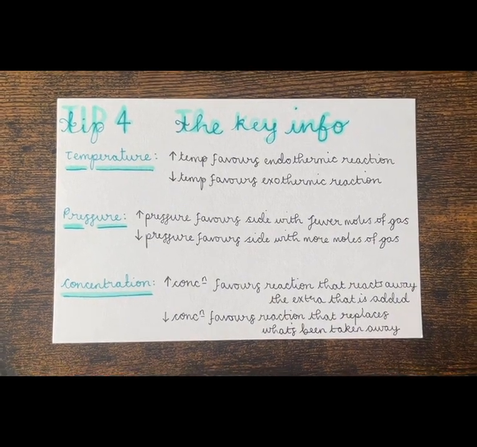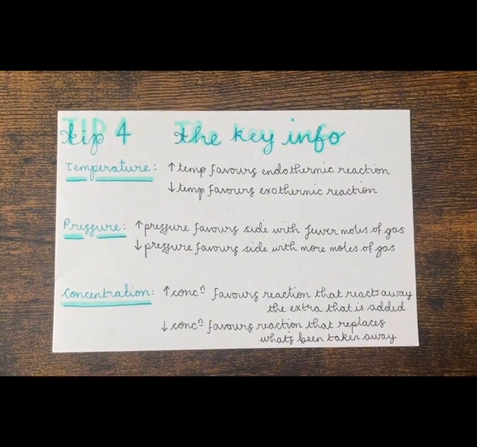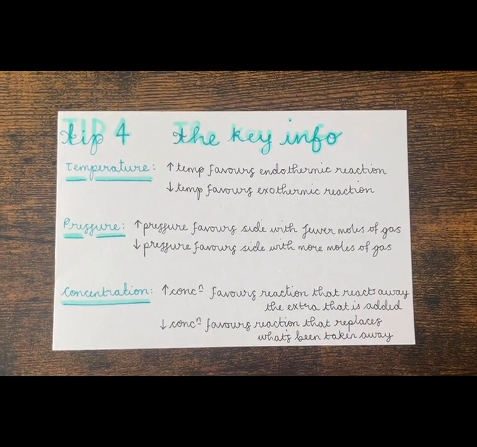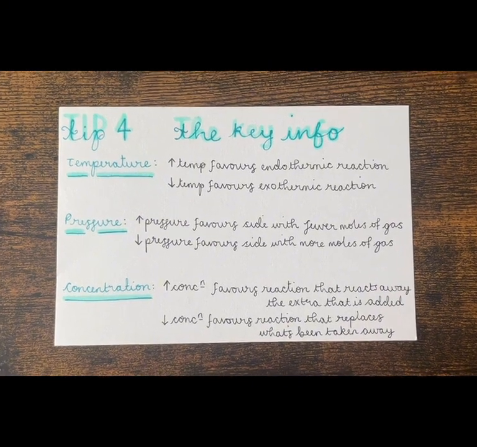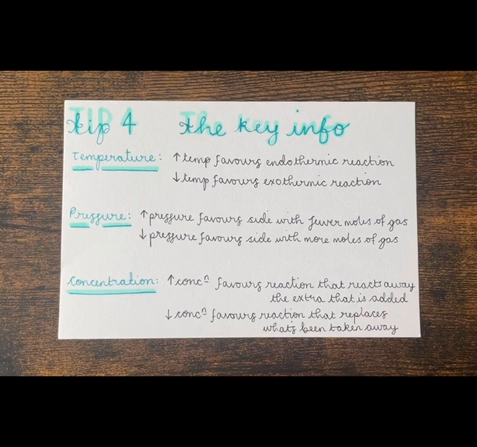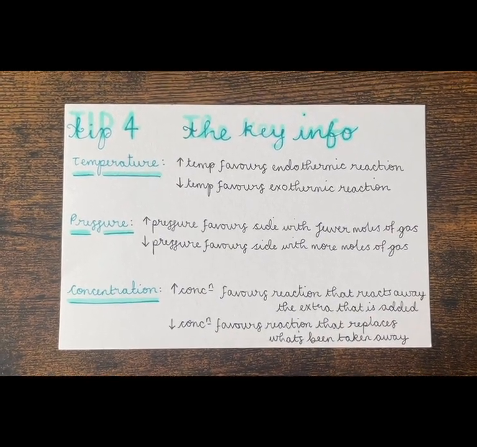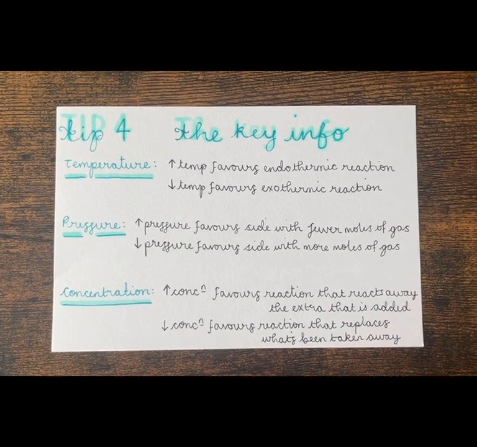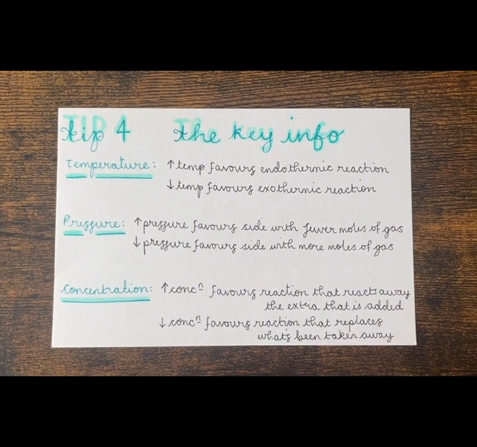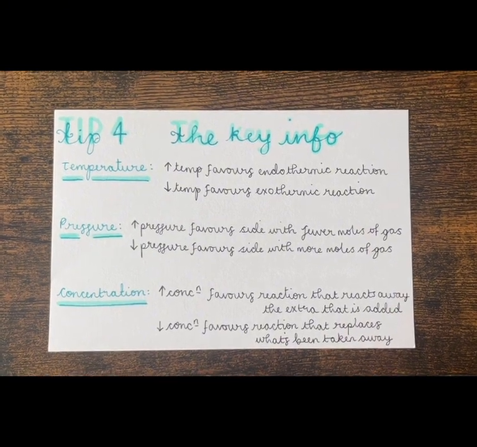You are going to take action to oppose that change, either closing your own bedroom windows or getting into bed under your duvet or blankets or extra layers or something. That is you doing something to oppose the change, and reactions at dynamic equilibrium will do the same. So decreasing the temperature favours the exothermic reaction because that's the one that's going to release heat back out again to raise that temperature back up to what it was before.